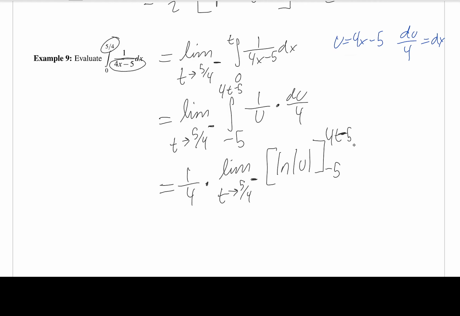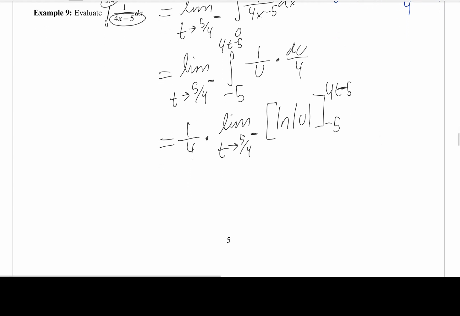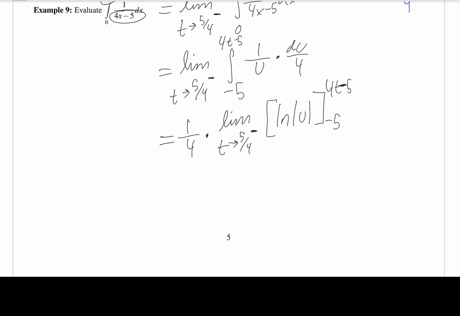And so this is super important because we're taking an absolute value here. All right.